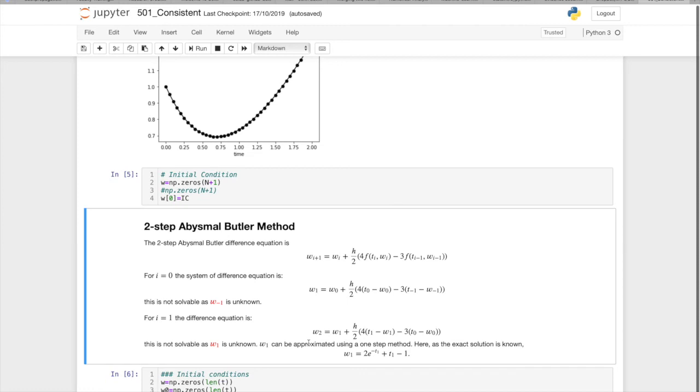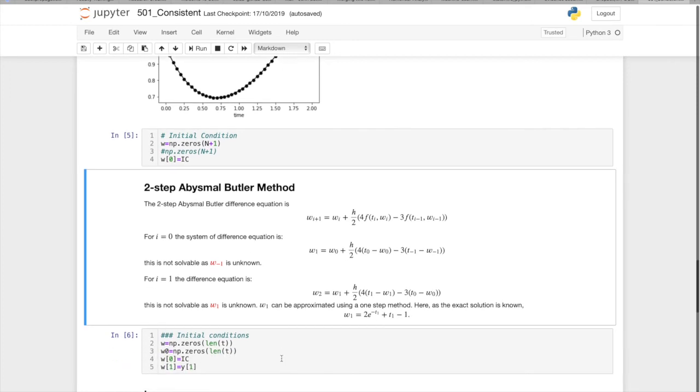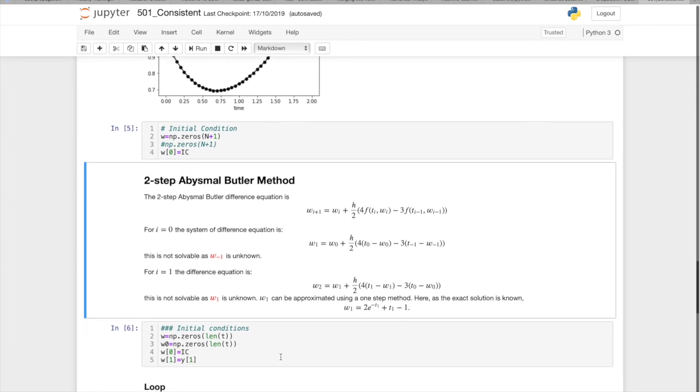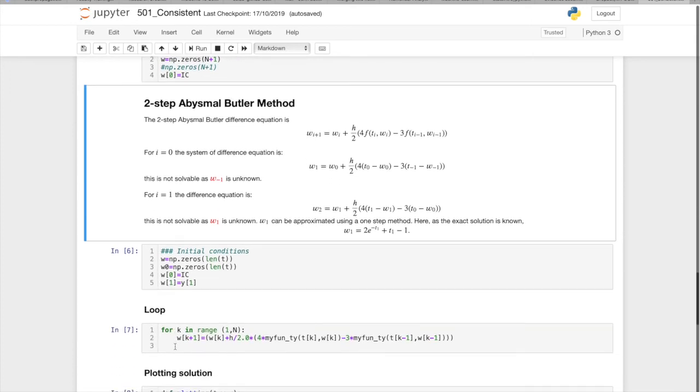So if I'm doing a two-step method, I should use a second order method. If I'm doing a three-step method, third order, and so forth. Here, as we have the exact solution, I'm just going to get w1 is equal to 2e^(-t1) plus t1 minus 1. So I now have it set up again, where I have my initial values nicely set up.